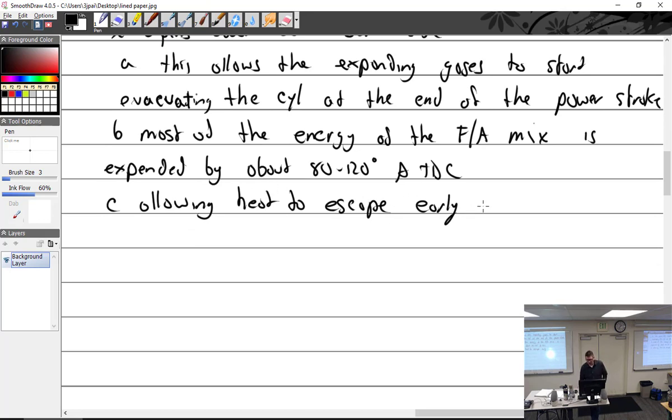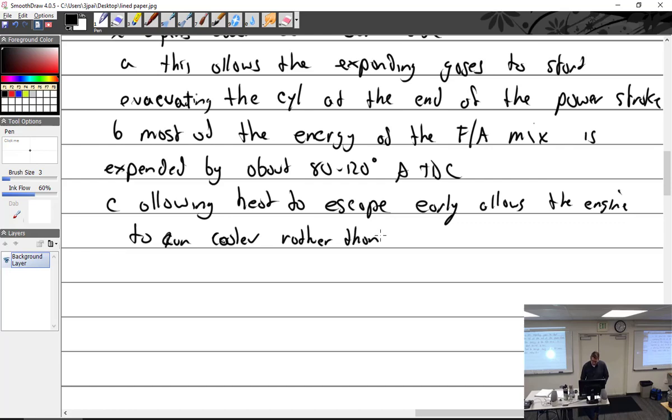Early allows engine to run cooler, rather than just taking that heat and transferring it to the cylinder fins and letting it dissipate there.